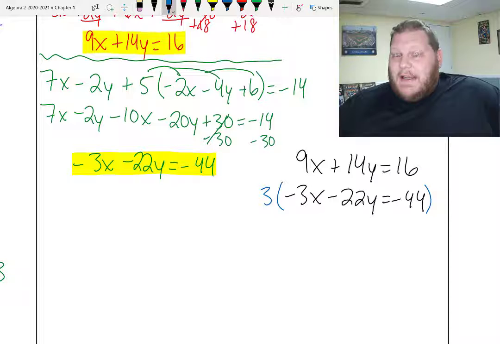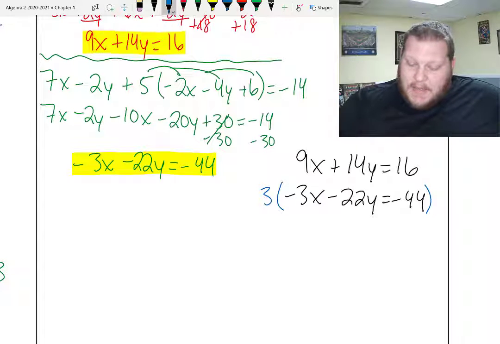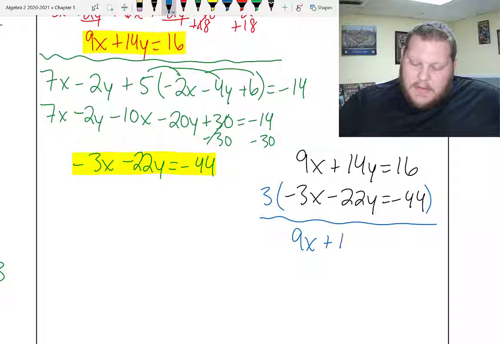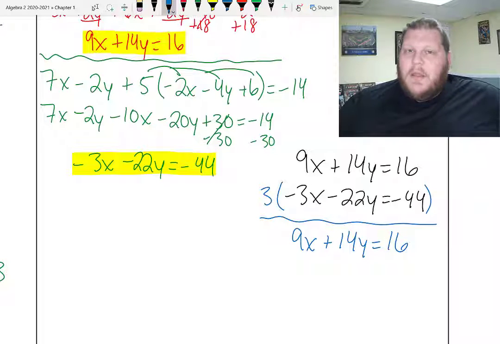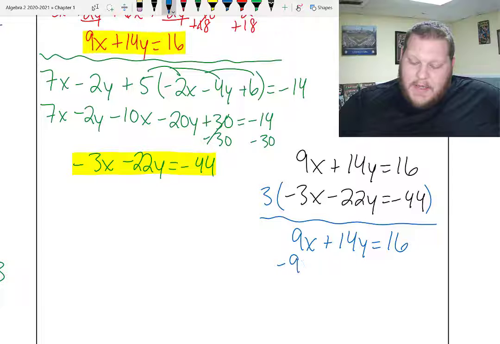I'm going to try and eliminate x. So my top equation does not change: 9x plus 14y equals 16. And then from here, 3 times negative 3x would be negative 9x, and 3 times negative 22 would be negative 66y.